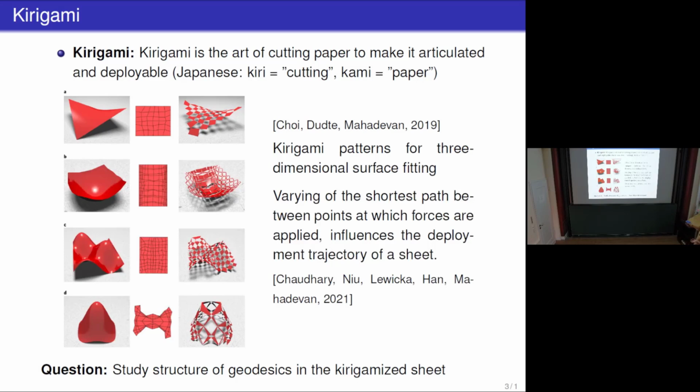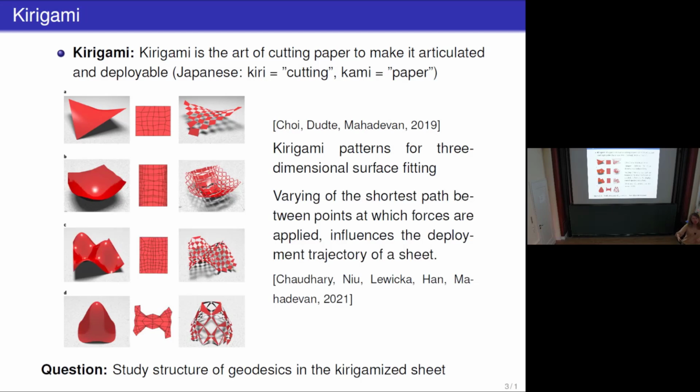So, don't ask me about what happens in this paper now, or maybe ask me after the talk, but one of the key observations that they made is that varying the shortest path, which later in my talk I will be calling the geodesic, the rectifiable geodesic, between the points at which you pull influences the deployment trajectory of the sheet.